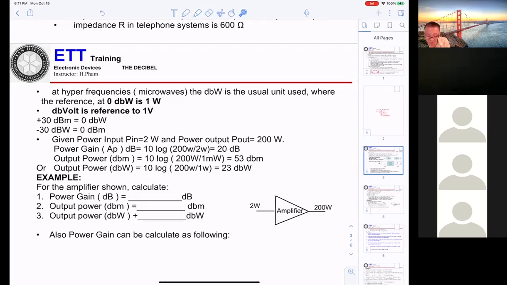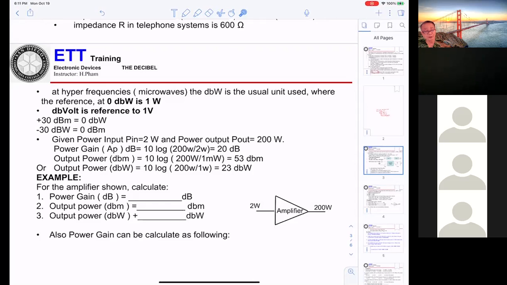For the example here, the amplifier input is 2 watt, output is 200 watt, and they want to know how many dB. That's what they already calculated for you here: 10 log of 200 watt divided by 2 watt, you get 20 dB. And also 53 dBm and 23 dB watt. Any question on that example?